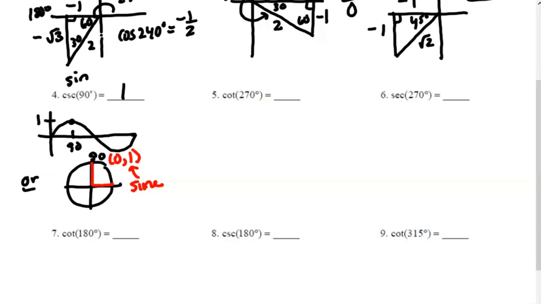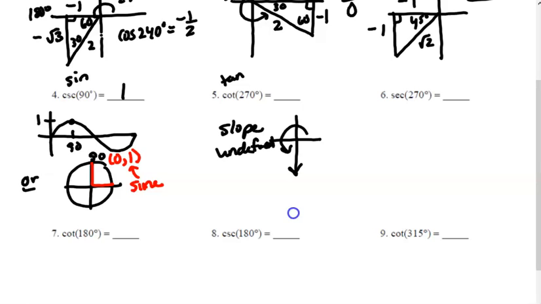So when you have a problem like this, I'd expect you to either make a little sketch of a sine graph or a little sketch of the unit circle and show me where that number 1 came from. Okay? Cotangent, 270. Well, this is the reciprocal of tangent. So with tangent, I'm thinking slope. 270 is straight down here. 270 has undefined slope.